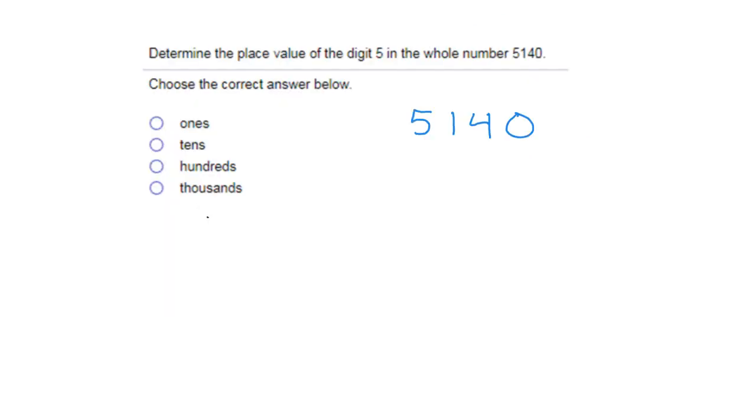This problem is asking us to determine the place value for the digit 5 in the whole number 5140, which we will learn how to write in just a moment. I wrote the number down, 5140, and I'm going to identify each of the place values. This 0 is in the ones position. This 4 is in the tens position.